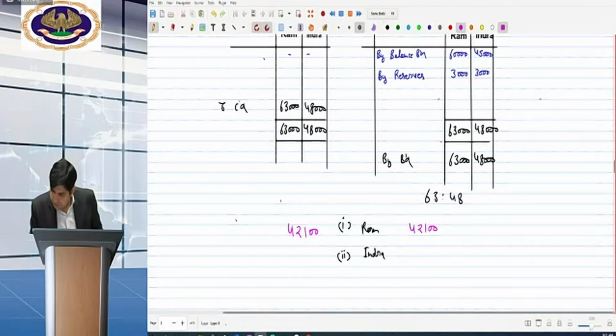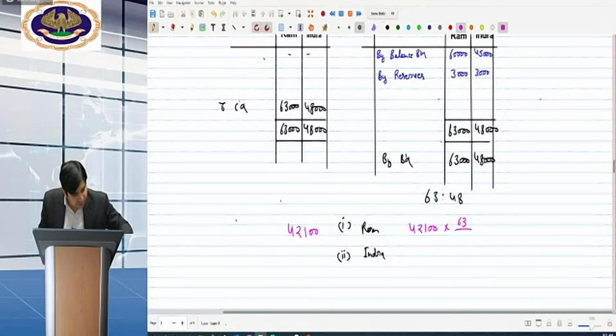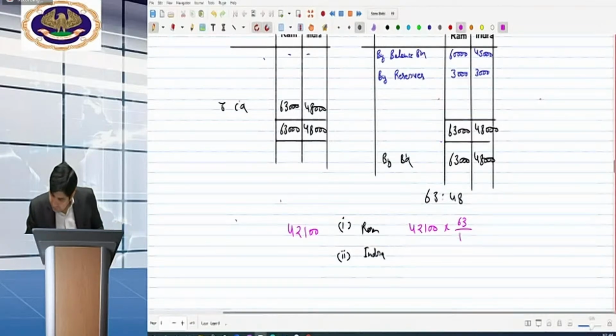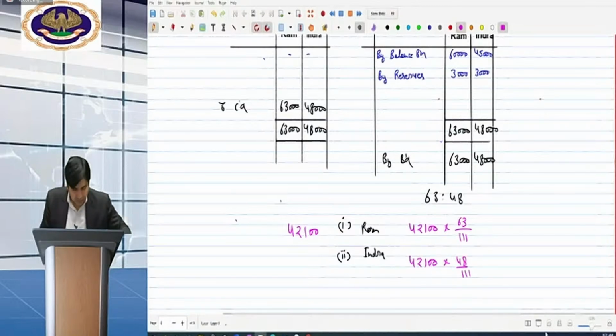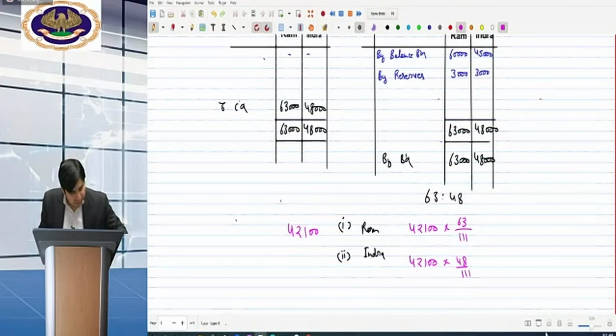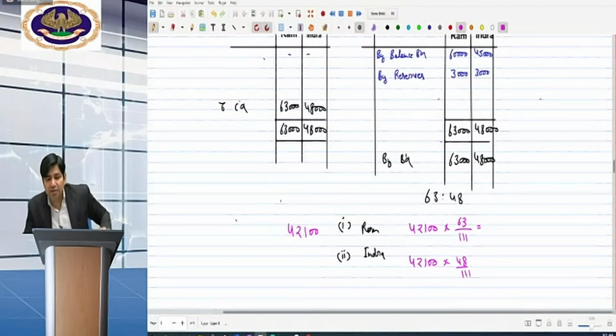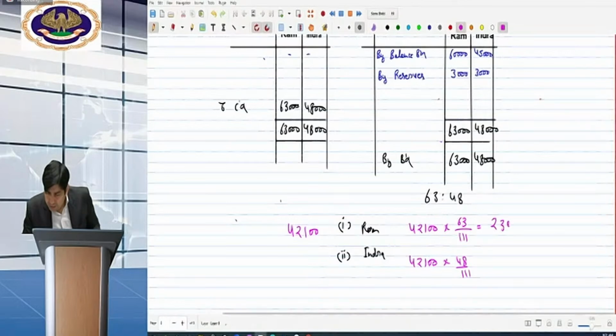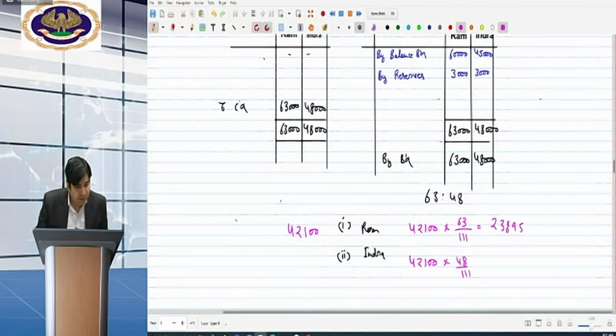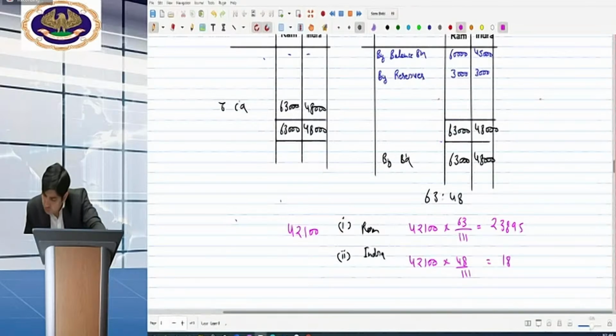42,100 multiplied by 63 divided by, no, what will be the total? 63 plus 48, 111. 42,100 into 48 divided by 111, that is 23,895, and then 18,205.